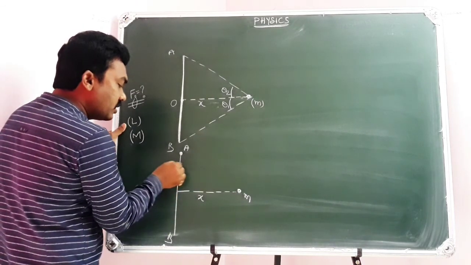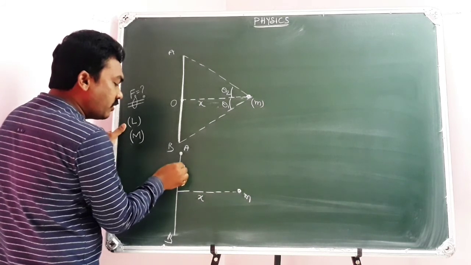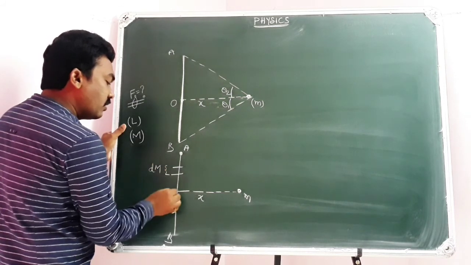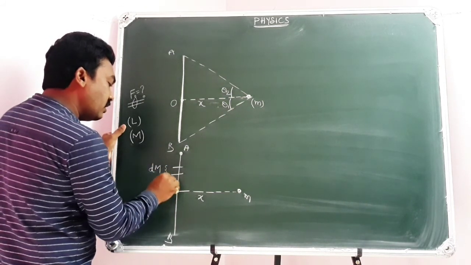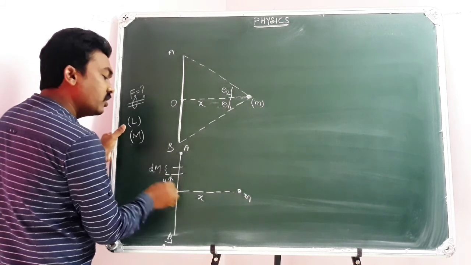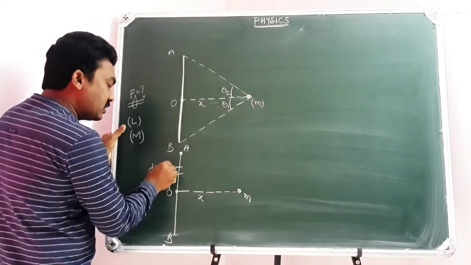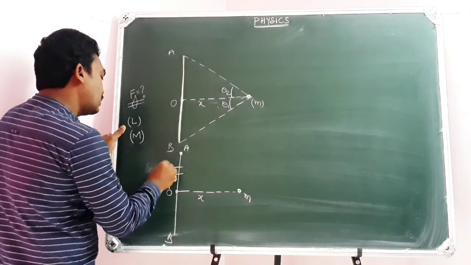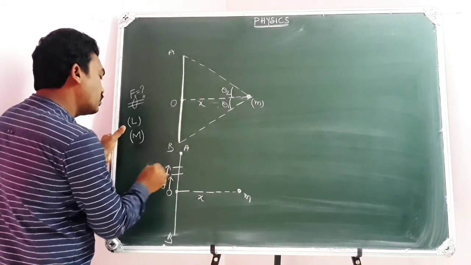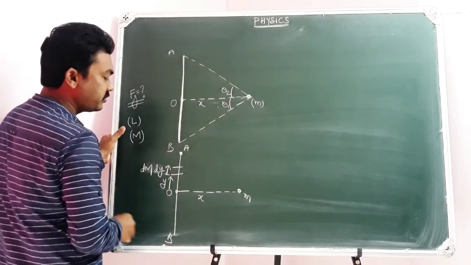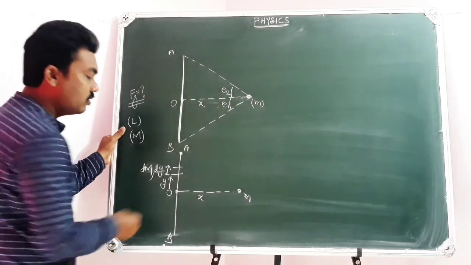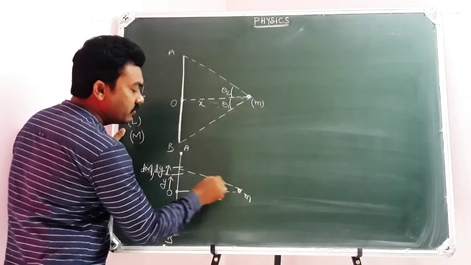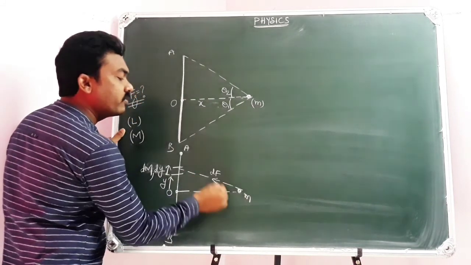Let me suppose a small element of the rod of mass dm at a distance y from the point O. As it is at a distance y, this length should be taken as dy. Let me write like this: this length will be dy and its mass is dm. Now this small element will try to attract the point mass with a small force dF.